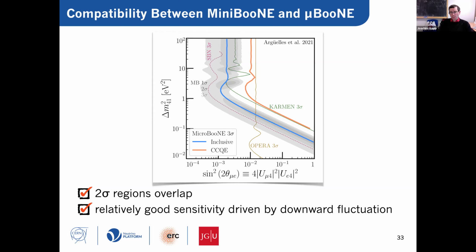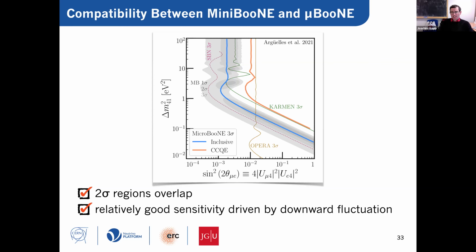If you did this at 2 sigma, then there would be marginal overlap between the 2 sigma region allowed by MicroBooNE and the 2 sigma region allowed by MiniBooNE. And so if you compare the two directly, 2 sigma by 2 sigma is definitely worse than 3 sigma. So there's really significant tension between what MiniBooNE sees and what MicroBooNE does not see.